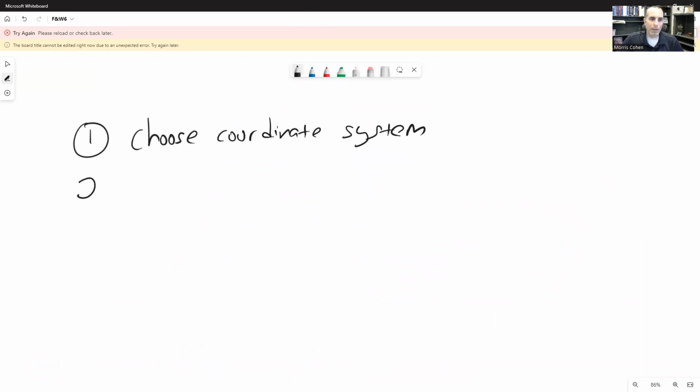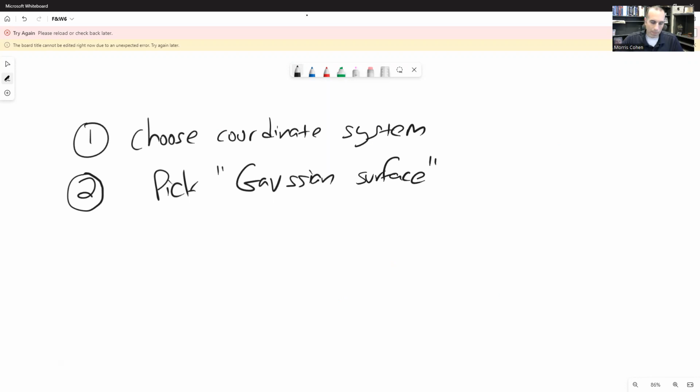Step number two, for analytically solvable problems, you would pick a Gaussian surface, which is some kind of surface that encloses the charges that you want to know something about. So pick the Gaussian surface, and you want to leverage symmetry somehow.